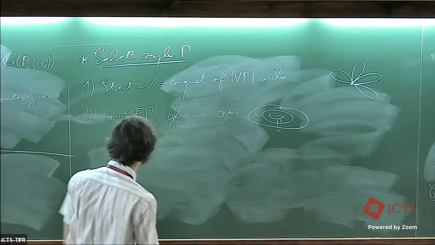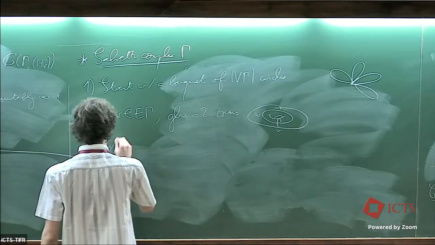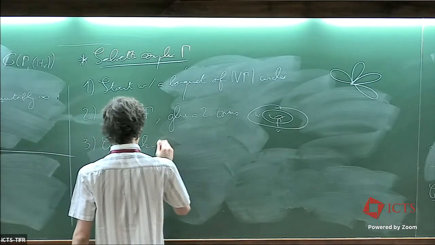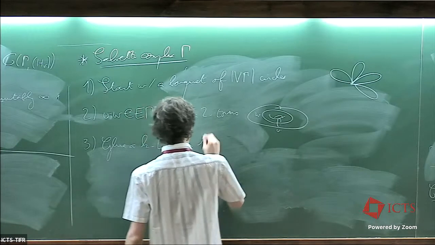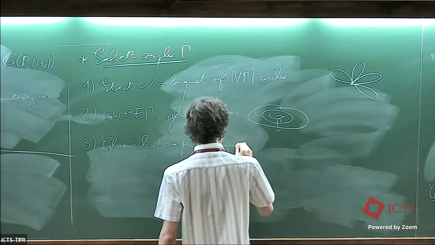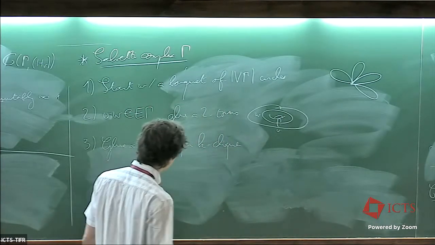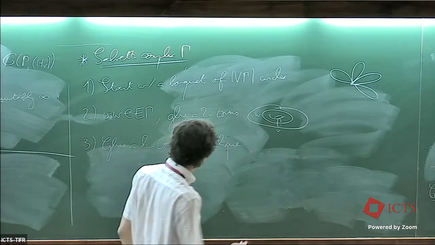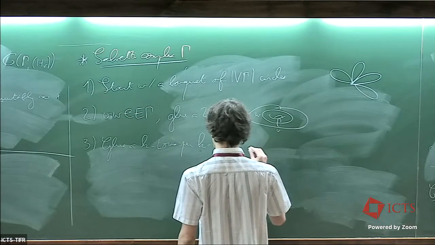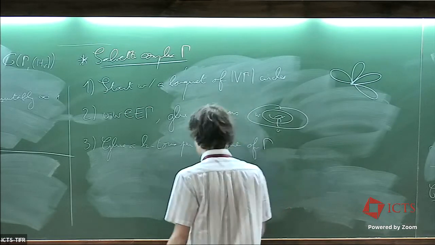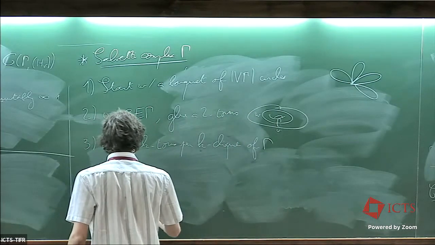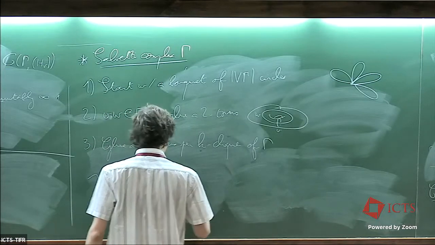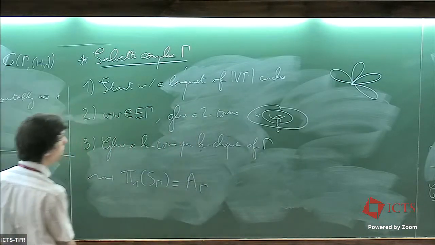More generally, you glue a k-torus for every k-clique, a complete subgraph on k vertices, which corresponds to a copy of Z^k inside A gamma. And you get something whose fundamental group is the RAAG.